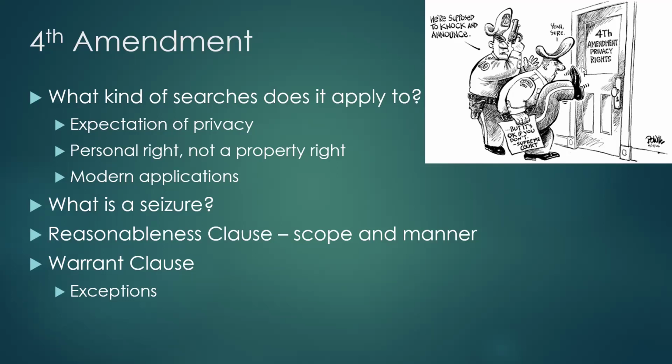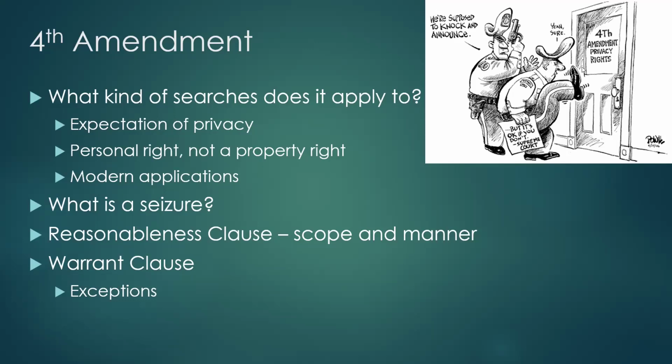So you have to have probable cause that is supported by sworn testimony. And then that warrant has to be signed by an impartial judge. And the warrant has to be very specific. It has to describe the scope of the search with particularity. So that's the requirement of the warrant clause.